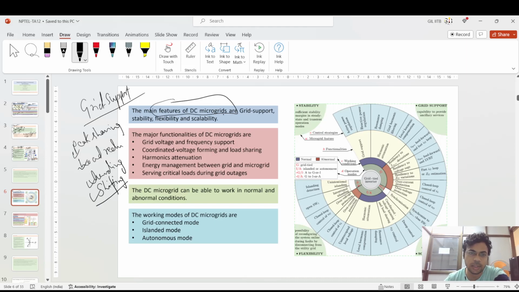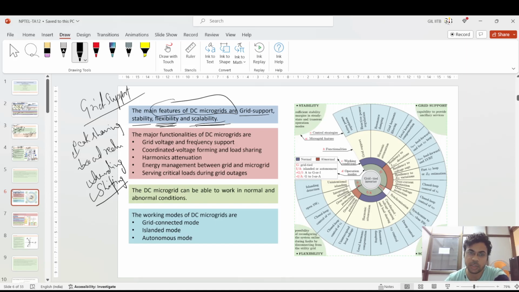I explained the various terminology in the last tutorial session. This DC microgrid can provide that support, that is grid support and stability, when there is a generation peak hour, and you can generate and feed the power to the grid. Flexibility is there, you can generate that power and you can absorb the power in the battery itself.